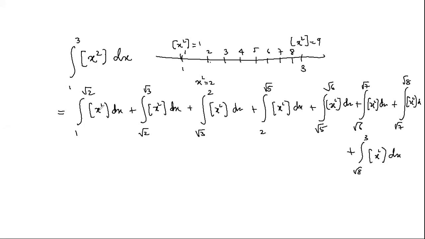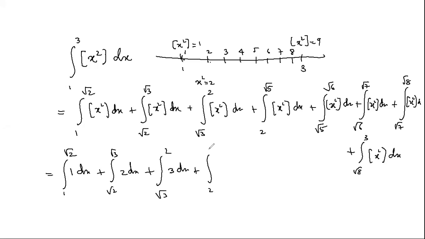So how much will this be? The integer of x square from 1 to root 2 is 1. This will be 2. Next will be 3.